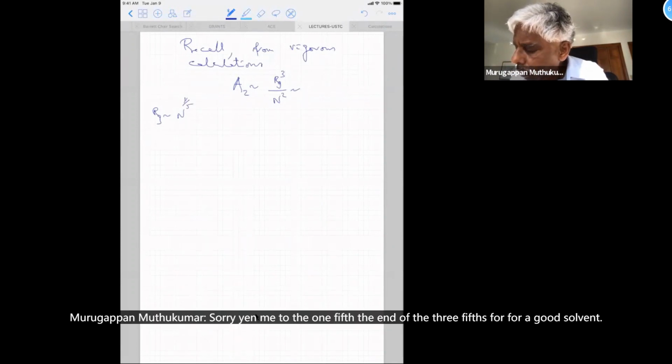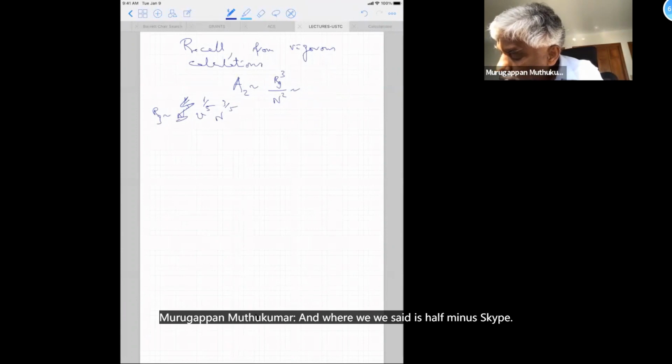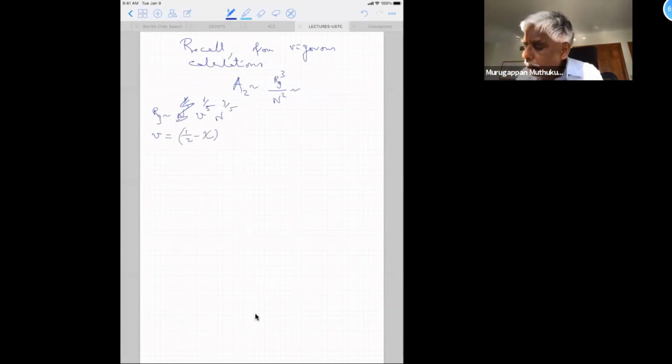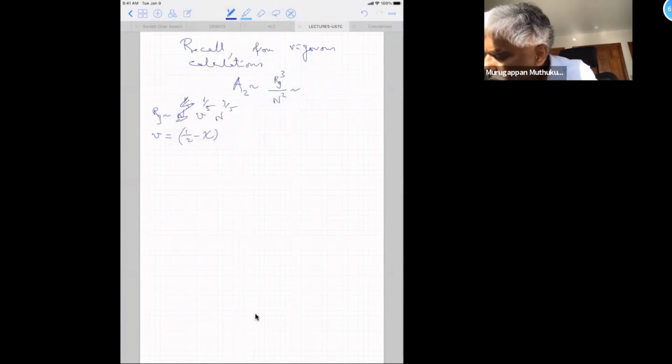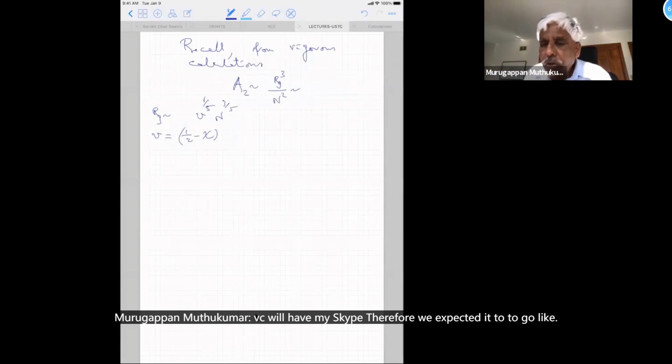Sorry, V to the 1/5, N to the 3/5 for a good solvent. And where we said v is equal to half minus chi.